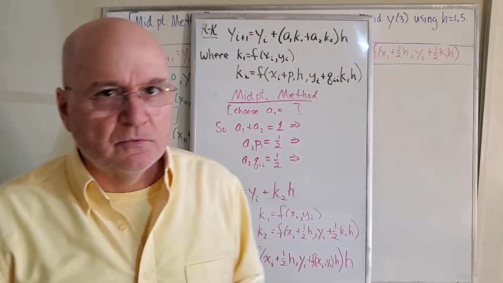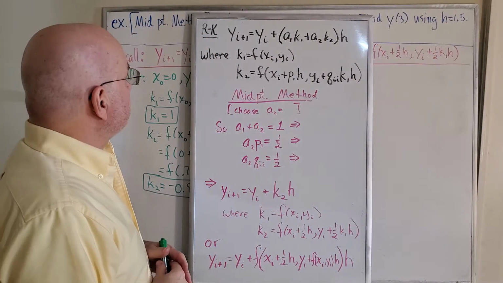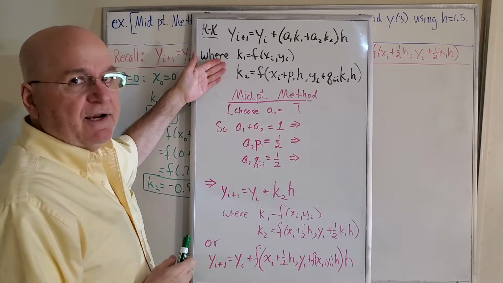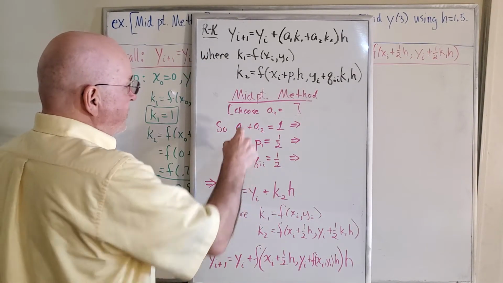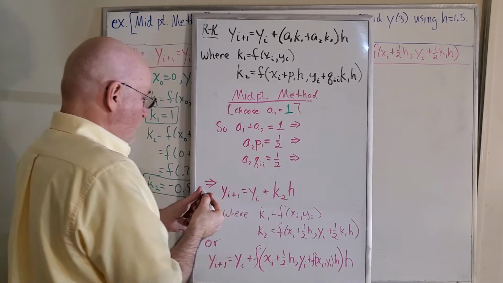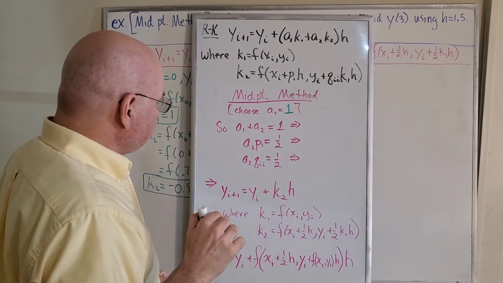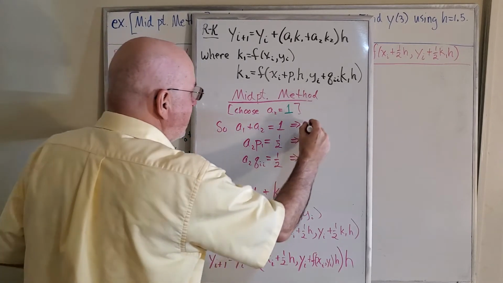Our next Runge-Kutta method is called the midpoint method. So here we have the generic Runge-Kutta methods. For the midpoint method, A2 equals 1 is chosen. A2 equal to 1 would mean that A1 is 0.